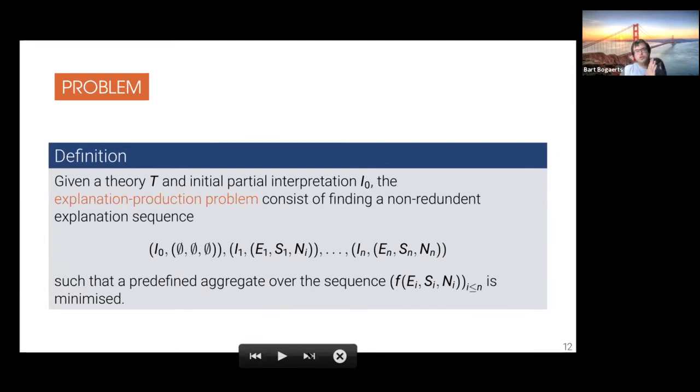And then what we're searching for is a sequence of explanation steps. You start from, say, an empty interpretation in which nothing is true yet, or some interpretation, and you want to end up with the one on the right. There should be a sequence of steps that's as simple as possible and that reaches the final conclusion, which in our case would be the solution to the puzzle.